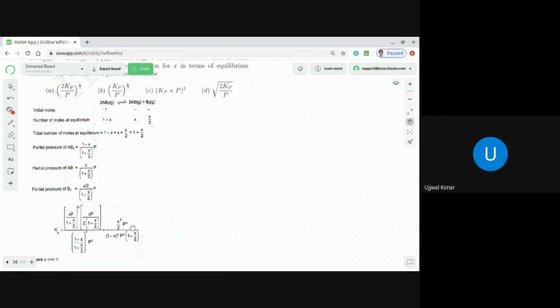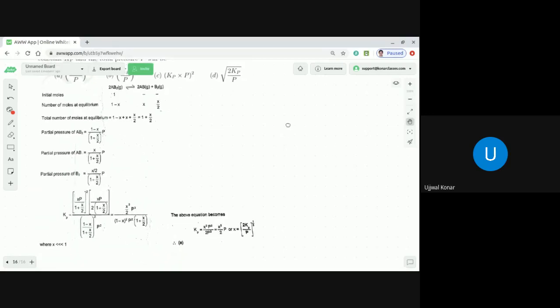So 1 minus x becomes near to 1. And 1 plus x by 2 we can consider as 1, because if you divide that very small number by 2, it will be even smaller.